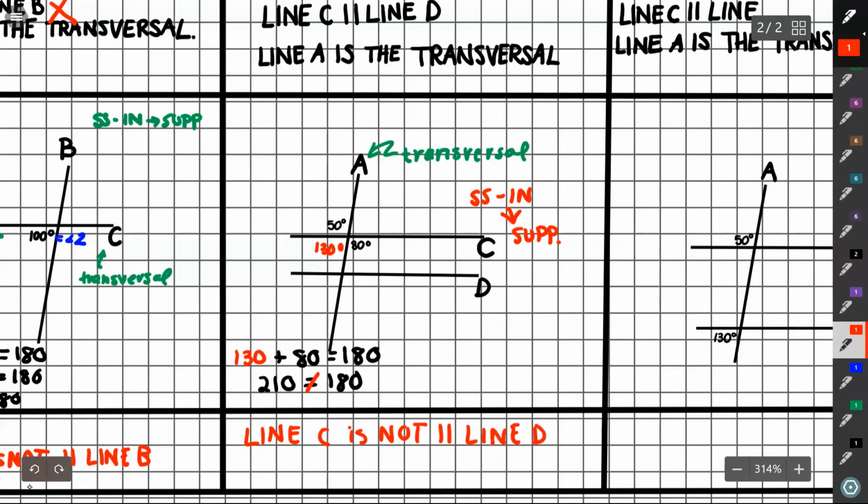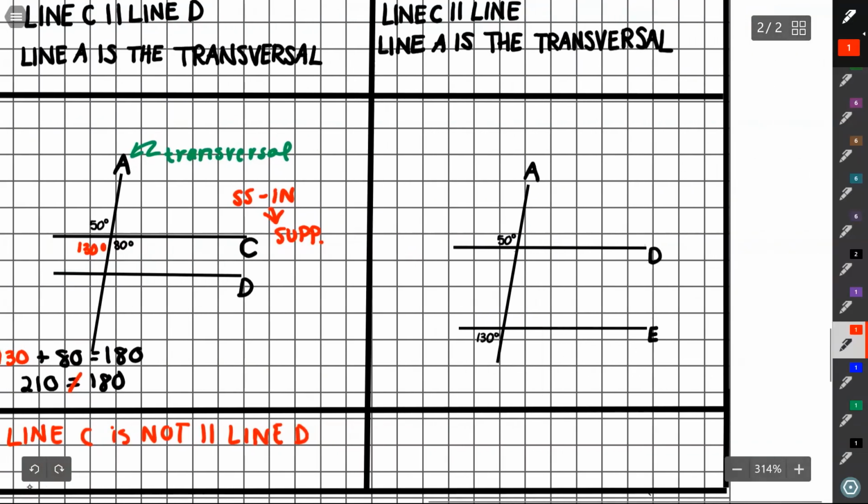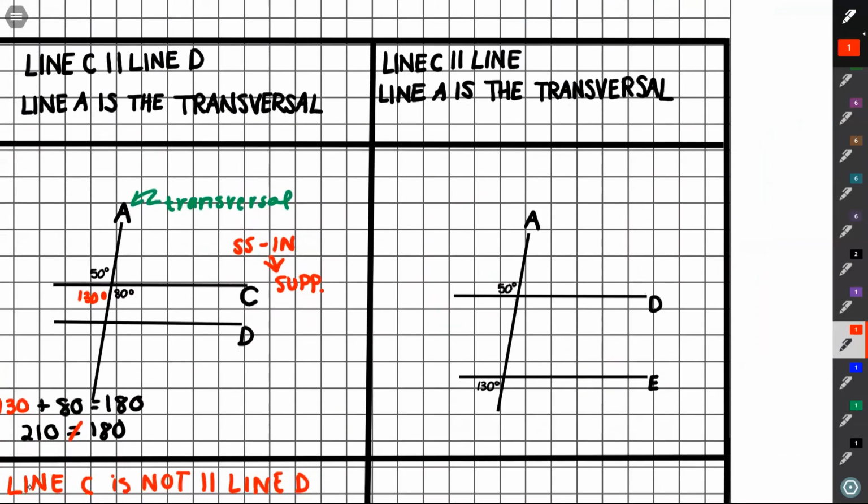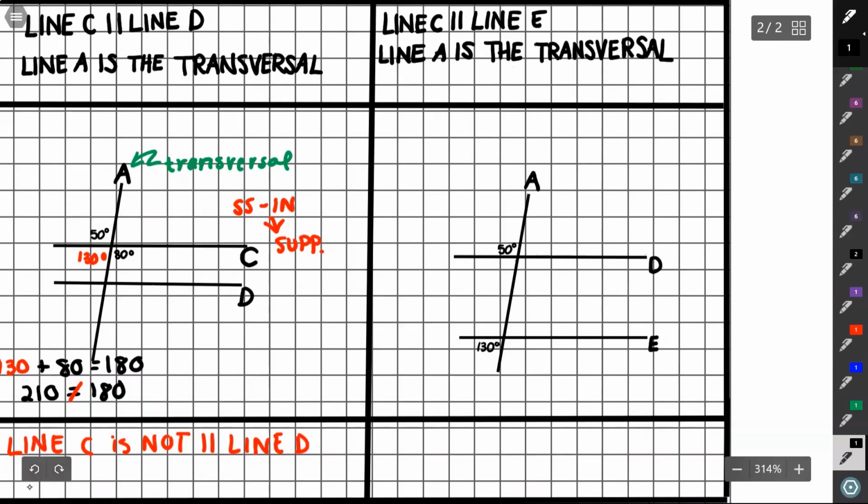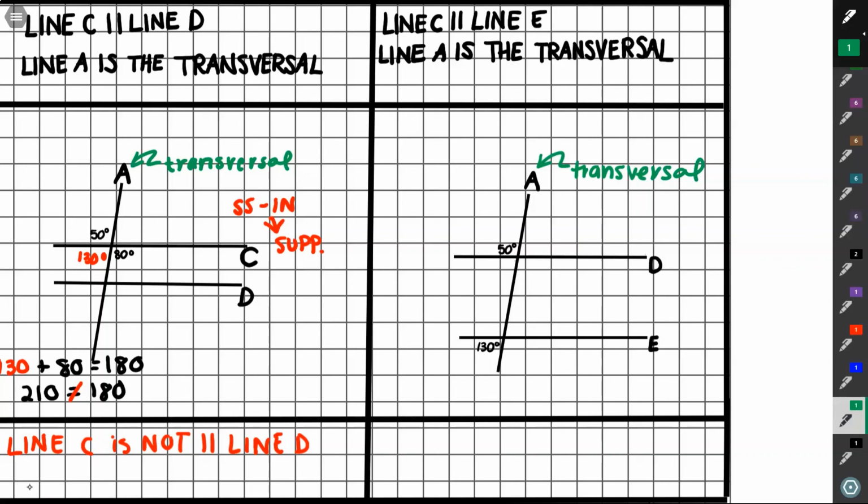All right, we're going to try again. Now I said that line C is parallel to line E, and line A is my transversal again. Now we have to figure out our relationship. I'm on the same side of my transversal and outside of my parallel lines, which makes it same side exterior, which is again supplementary.